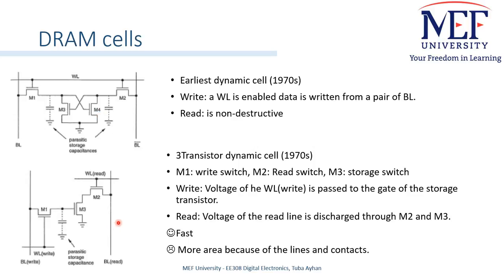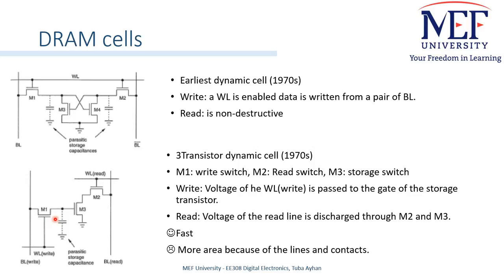Here we see another version of DRAM cell. It uses a single transistor, M3, as a storage device, and one transistor as a read and write access switch.